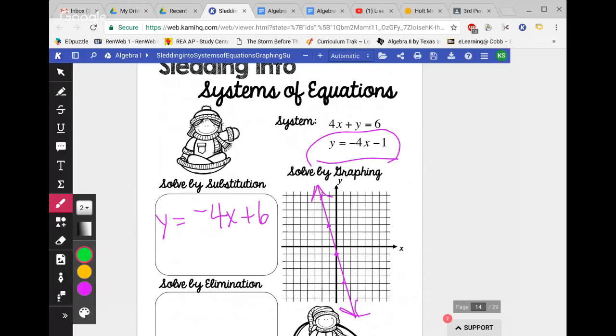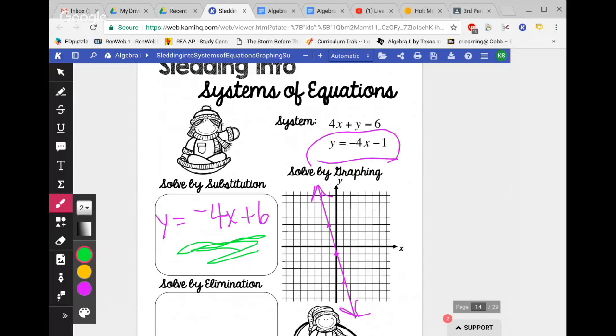But to graph this one, just to show you, what's the y-intercept on this one? Positive 6. Good job. 1, 2, 3, 4, 5, 6. And the slope is negative 4. So I'm going to go one direction negative, one direction positive.